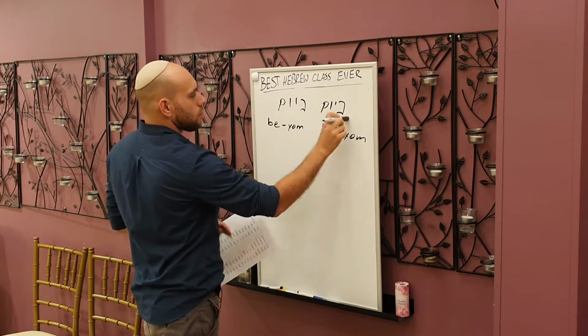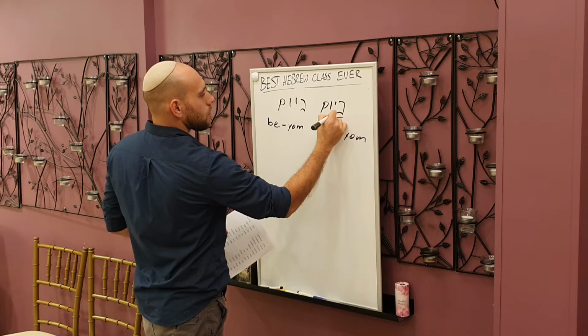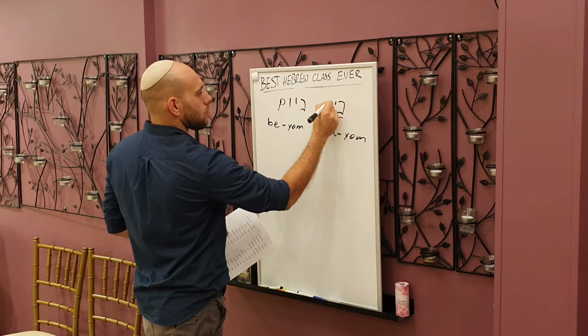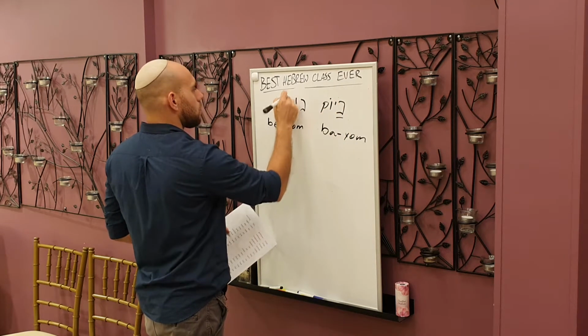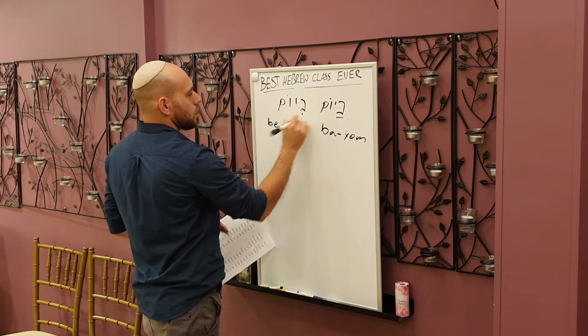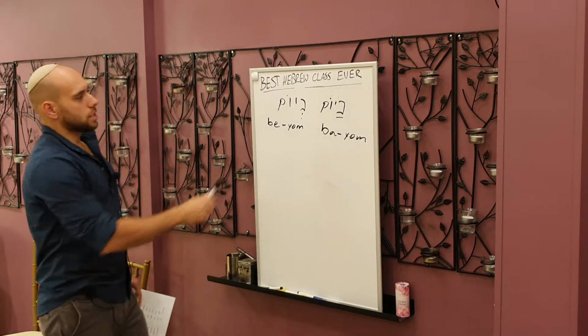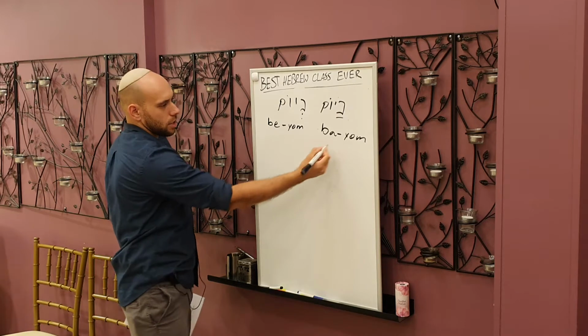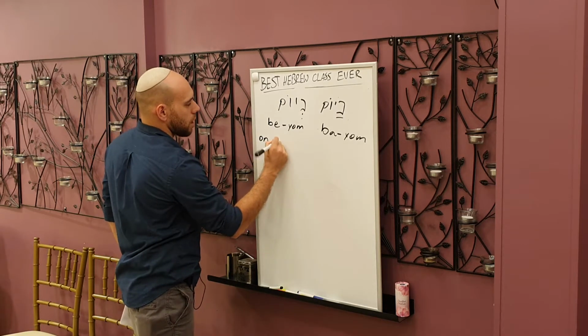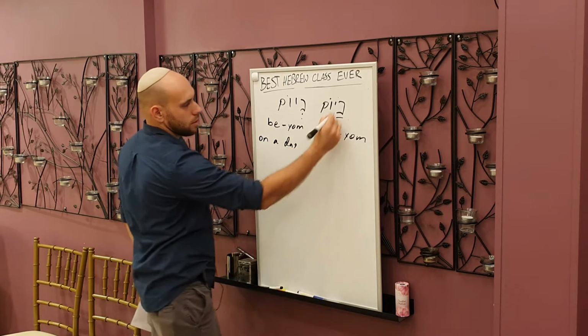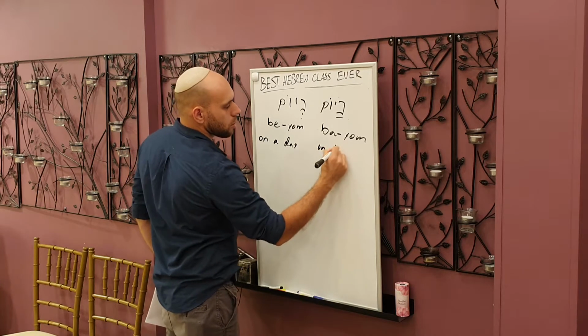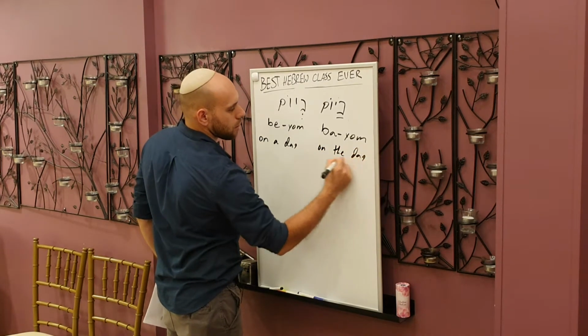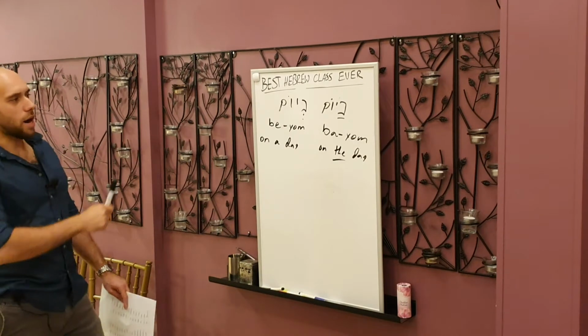Give a context for how you would use which one it is. Gotcha. Okay. So this is bayom, bayom. This means on a day. This means on the day. On the day, bayom.